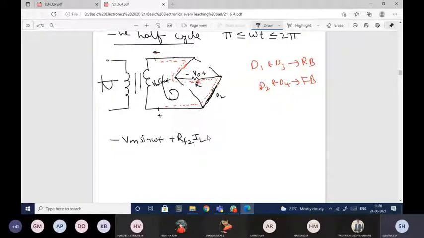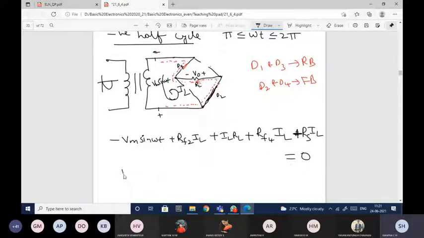Let the total current be IL only. Next plus IL into RL, plus next this is diode D4, so Rf4 into IL. The transformer secondary may also have some resistance RS, so RS into IL is equal to 0.